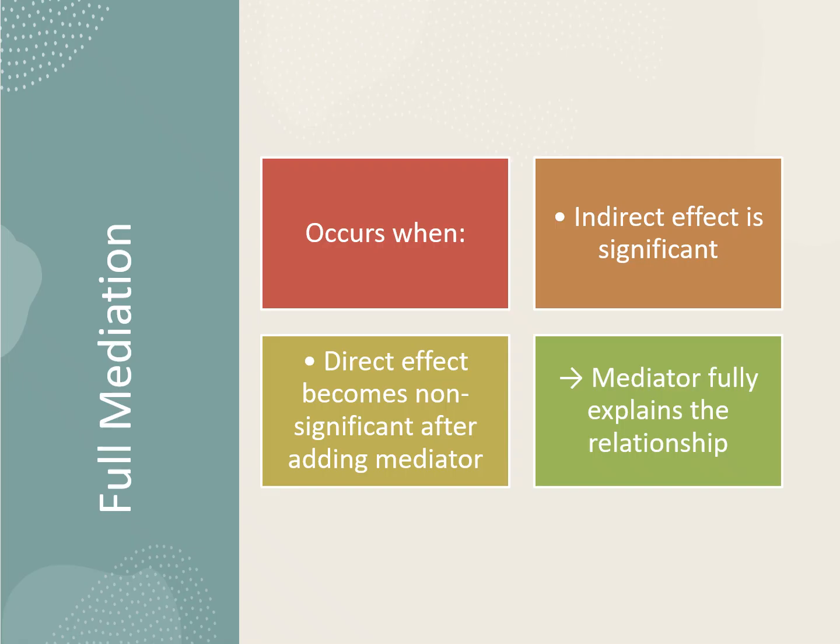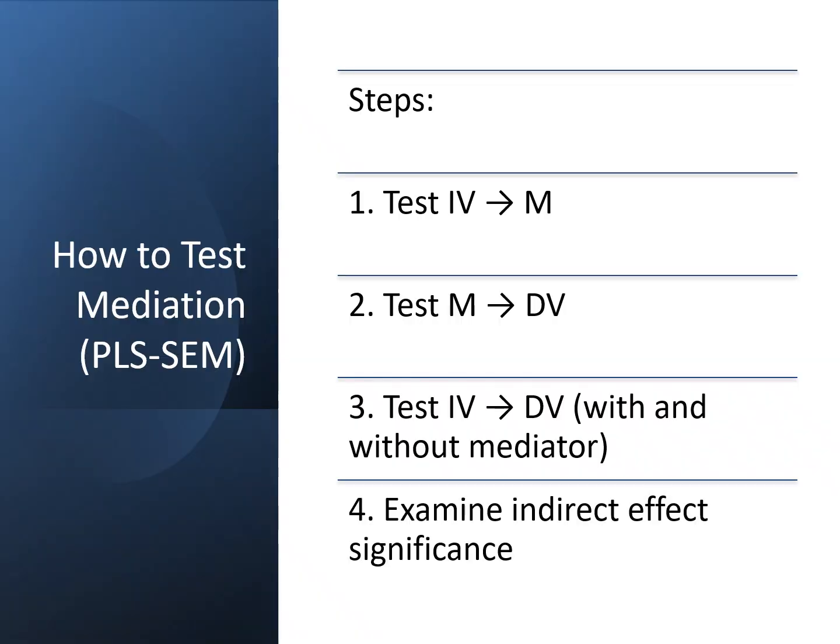I mean the mediator fully explains the relationship, right? And there are some steps. See here, test IV and M, this is one path, and test M and DV, this is another path, and test your IV DV direct relationship. Then you will examine direct effect.